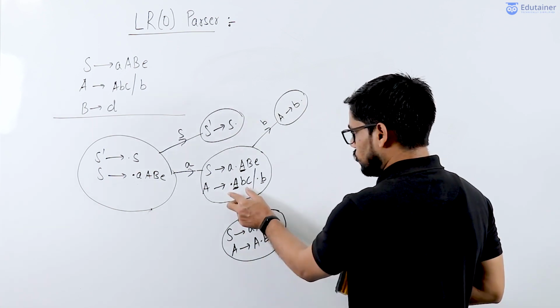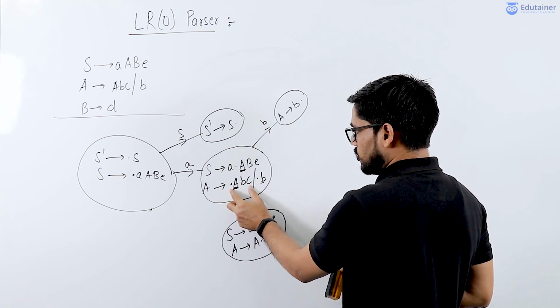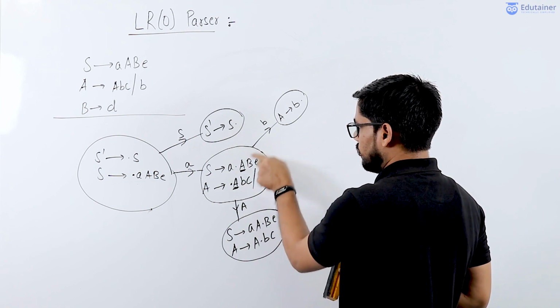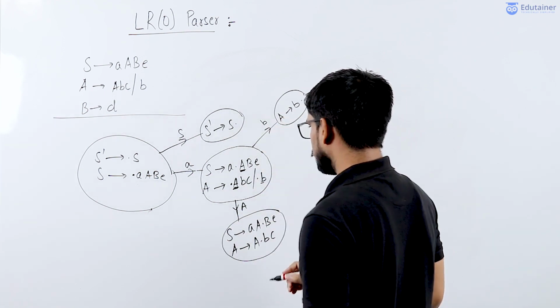Understand this? These two productions are different. It is one production for which I have taken a goto move, and for this production I have taken a shift move, and this is the final item.